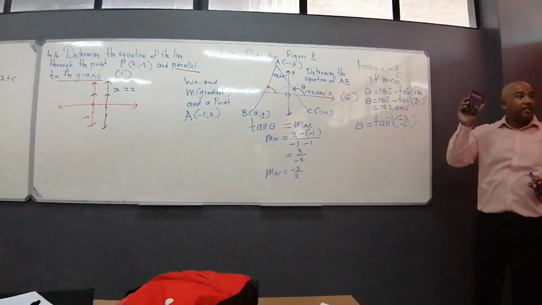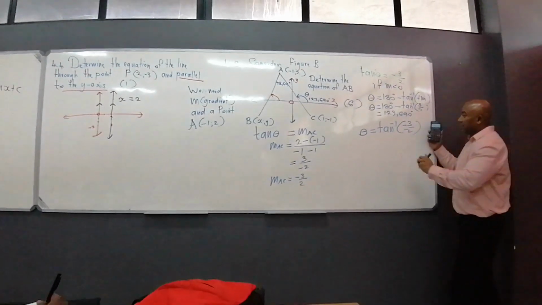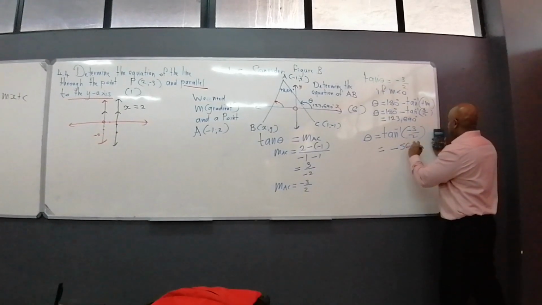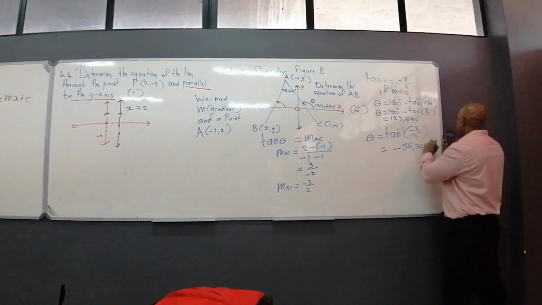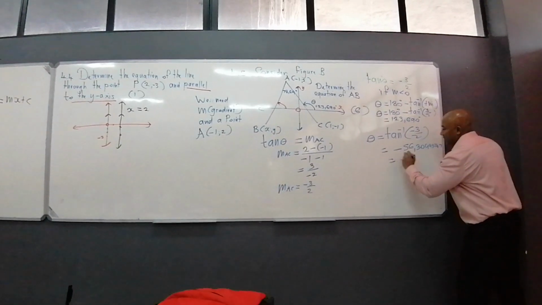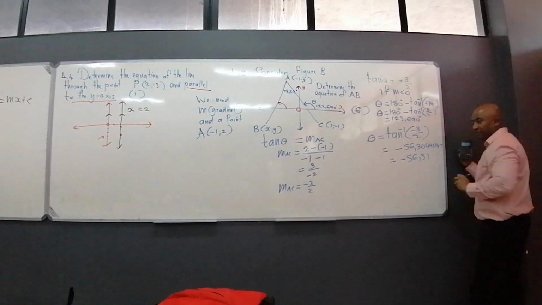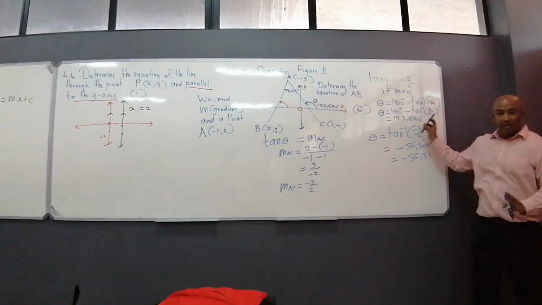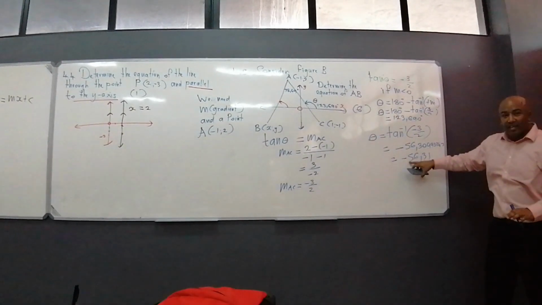Now, if you use the negative on the calculator, it's giving you minus 56,3099324. Basically, it's going to be minus 56,31. This is as it is without using 180 minus. So what does negative mean?